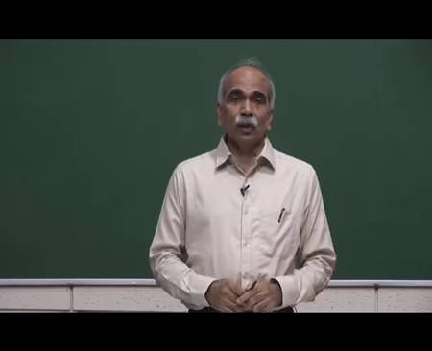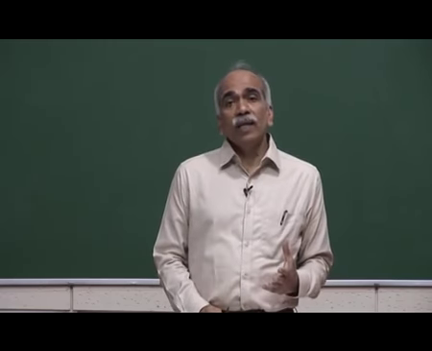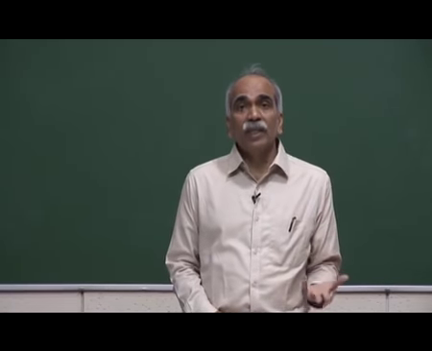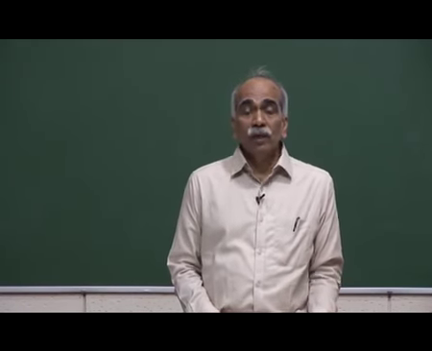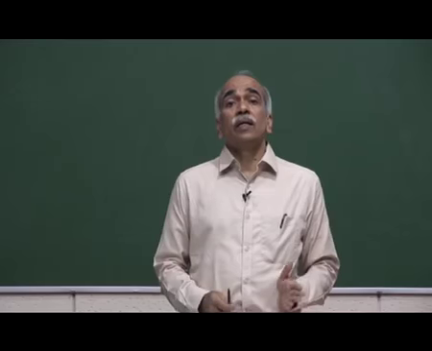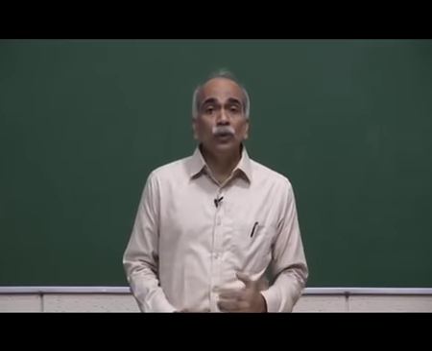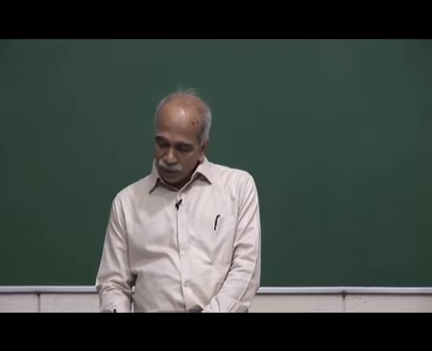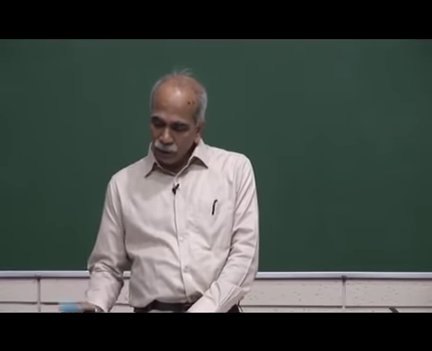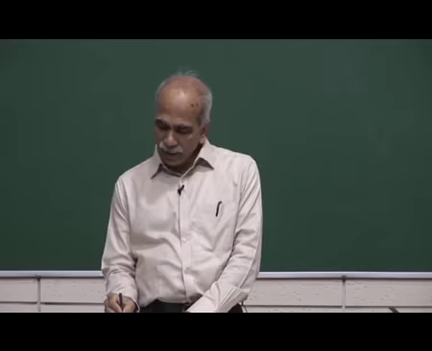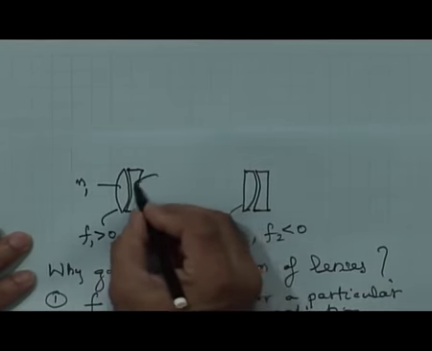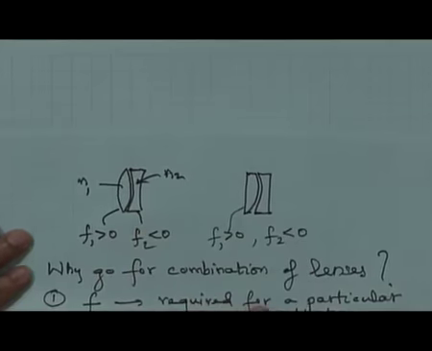There are other reasons. Usually one of the lenses will be of a particular material of refractive index n1, and the material of the second lens is usually different. Let me show in the same diagram here: this could be of refractive index n1 and this could be of refractive index n2.